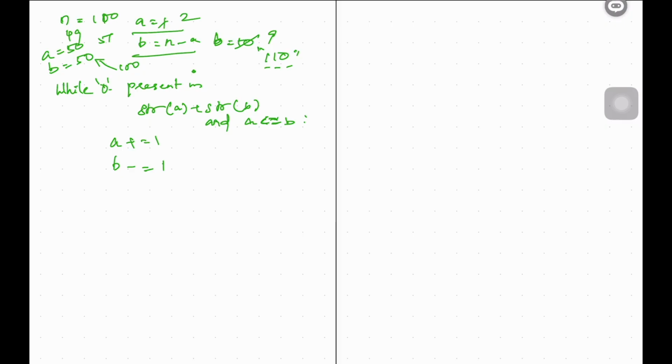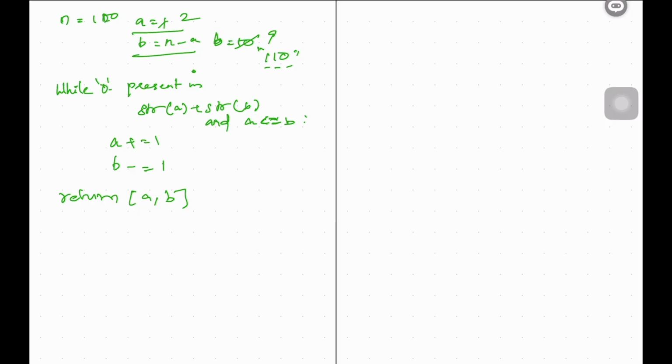That's why we have given a less than or equal to b. Till then we'll keep checking whether 0 is present. If no zero is present, it will break. They also mentioned we have at least one valid solution, so we'll be returning a comma b as the answer.